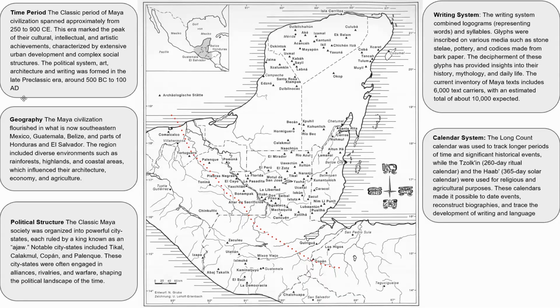This is a small fact sheet about the Classic Maya. This is the area where you find the Classic Maya, the Yucatan peninsula with some major sites, though this is only a small overview.